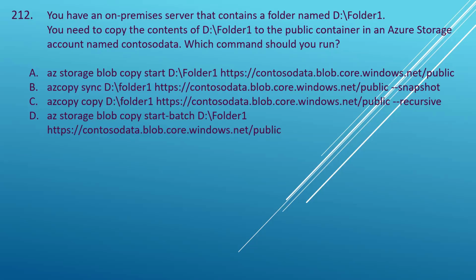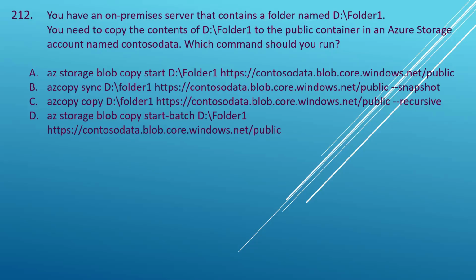The second option is AZ copy sync D folder 1, then https contosodata.blob.core.windows.net/public -snapshot. Third option is AZ copy D folder 1 https contosodata.blob.core.windows.net/public -recursive. And the fourth option is AZ storage blob copy start batch D folder 1 https contosodata.blob.core.windows.net/public.